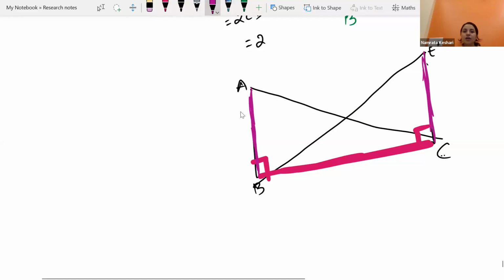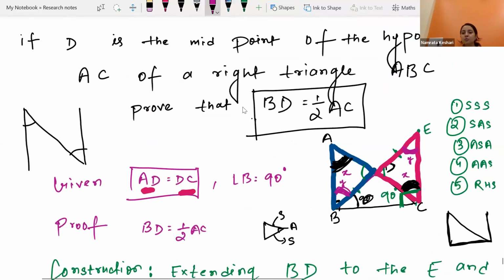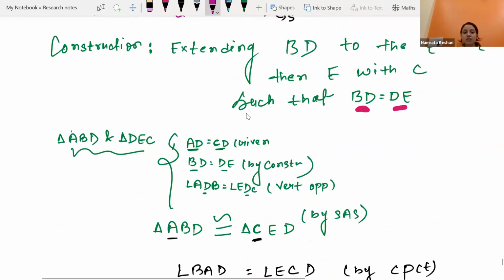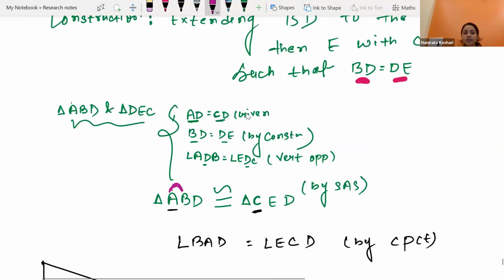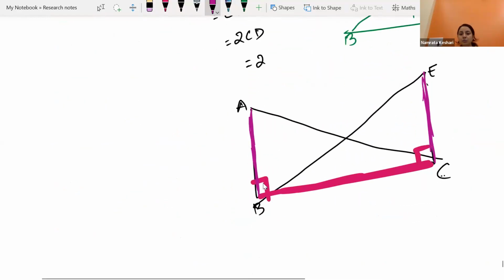Why? Because just now we have proved this blue triangle and that pink triangle are exactly same. So AB and CE, check the sequence, AB and CE are equal in length. We know that. So we can prove these two triangles congruent. A, B, C and E, C, B. These two triangles we are proving congruent.